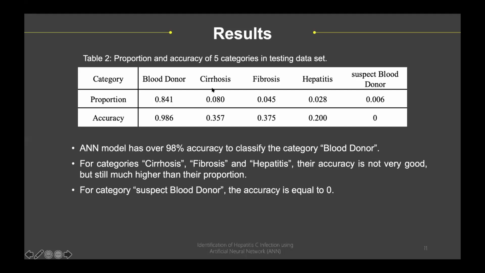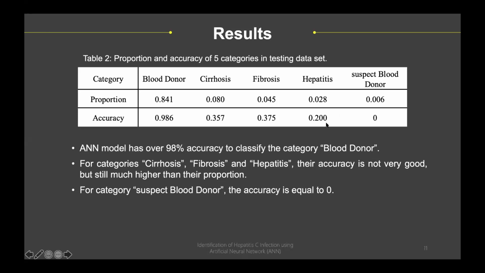For categories like cirrhosis, fibrosis, and hepatitis, the accuracy is not very good, but still much higher than their proportion. Because if we just randomly guess a sample's category, the accuracy will approach its proportion. The ANN model has higher accuracy than their proportion. It indicates the ANN model does work.